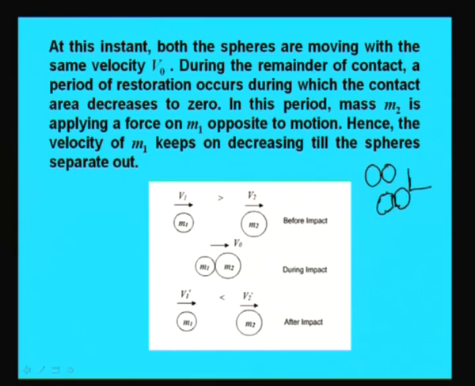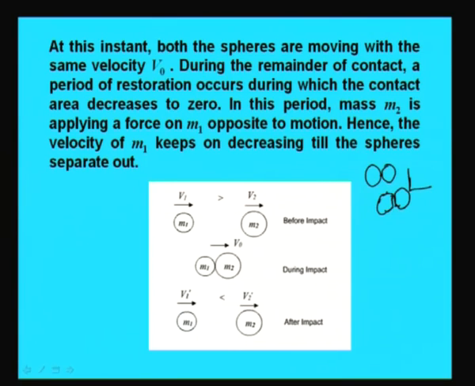Then a certain amount of plastic deformation will also be present, but in many cases there is a sufficient amount of elasticity. In this period mass m2 applies a force on m1 opposite to motion, hence the velocity of mass m1 keeps on decreasing till the spheres separate out.